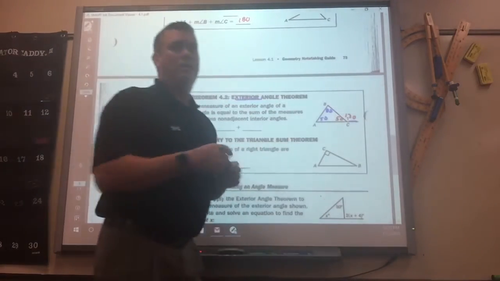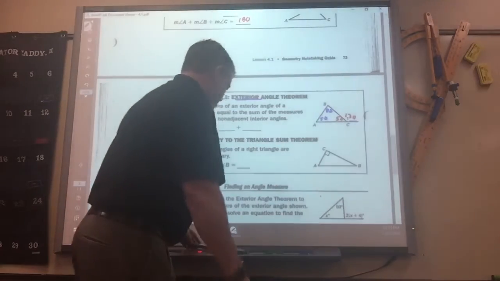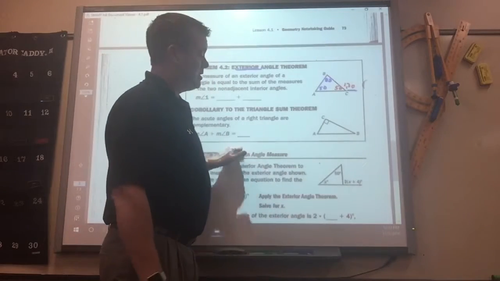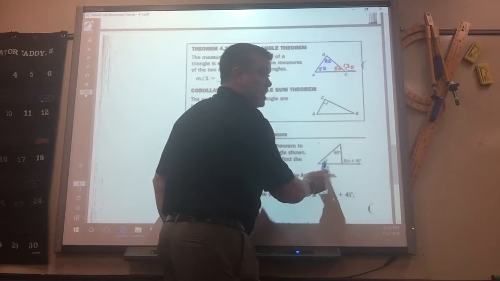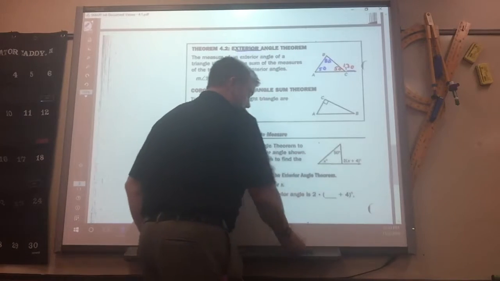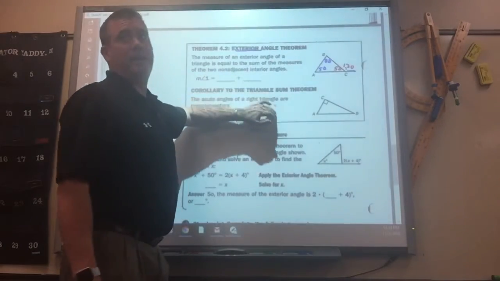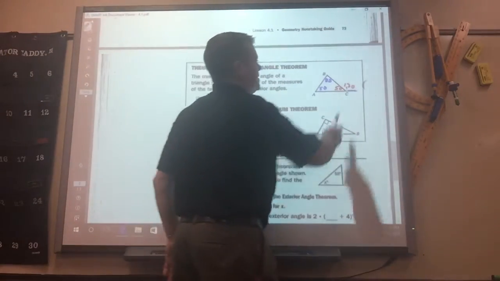Now, when it's numbers like this, it's easy to solve it that way. But they don't always have numbers like that. Sometimes they have it like this. We can't figure out what this is because we don't know what that is. So if it's a picture like this, you need to know this exterior angle theorem. And it's pretty simple.